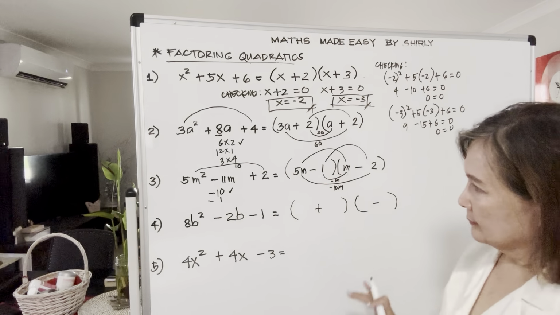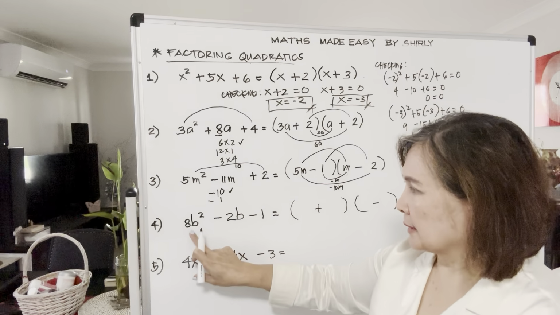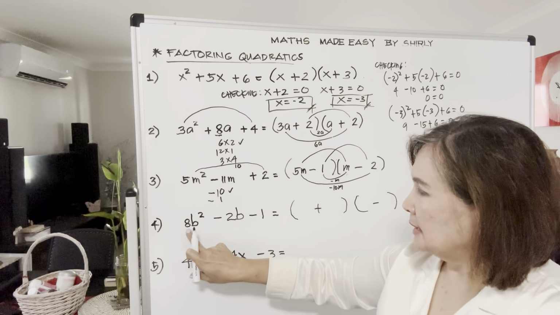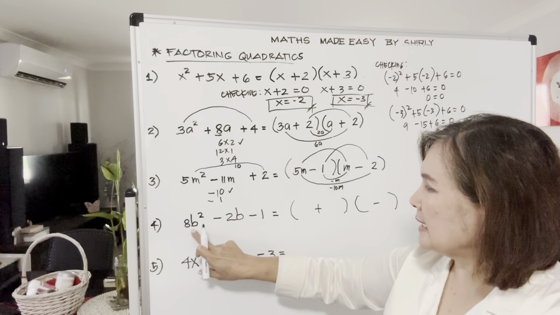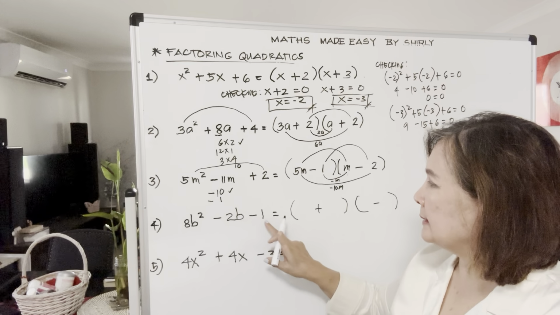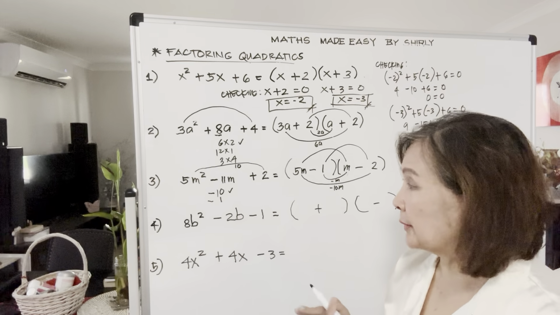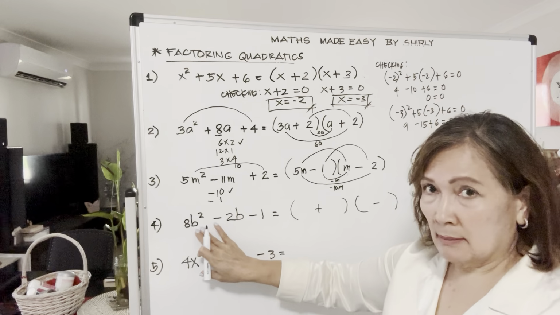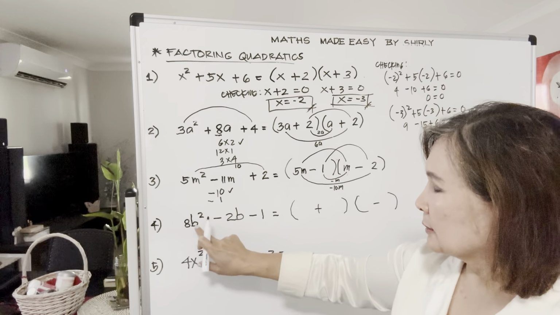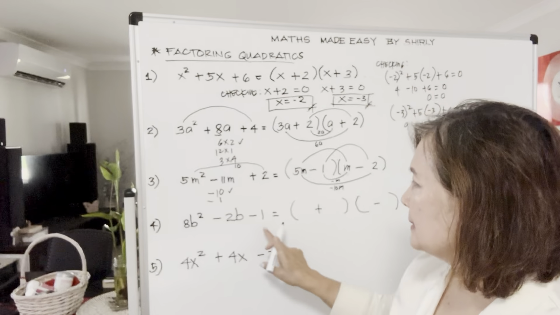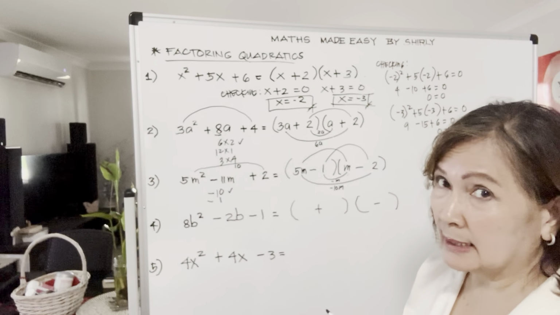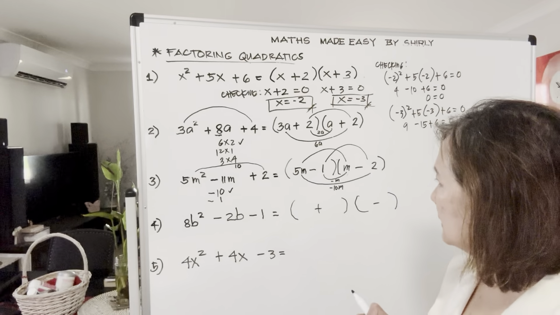Now, let us check the first term. That is 8b squared. Let us disregard again the variable b squared. So we have 8 times negative 1, that is negative 8.